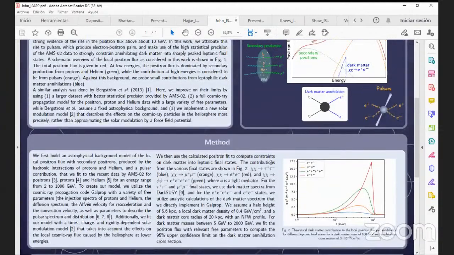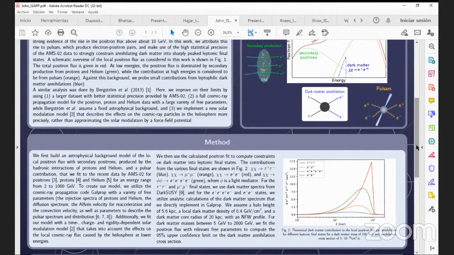Okay, so to build our model, we use GalProp, which is a cosmic ray propagation code. We want our model to be flexible, so we leave a lot of free parameters in this model.